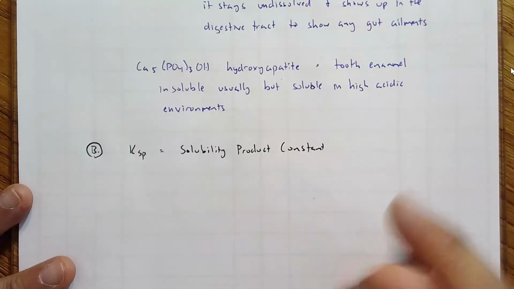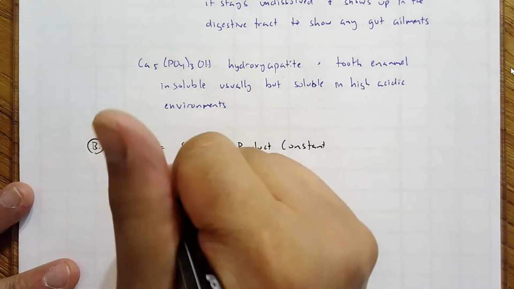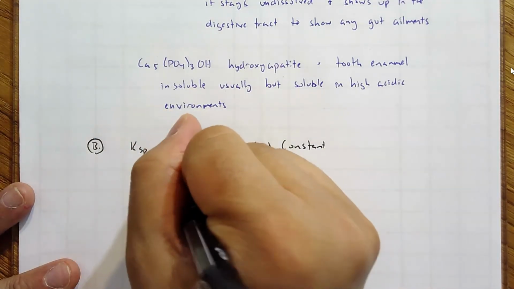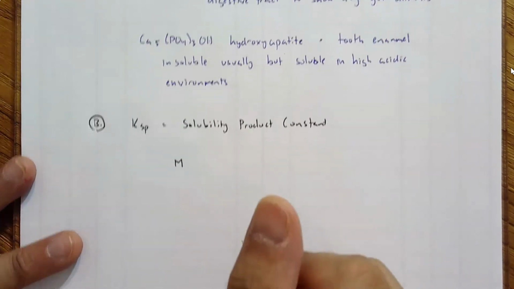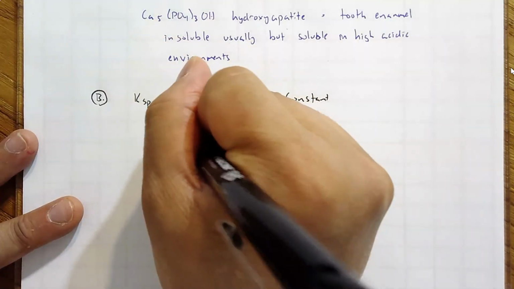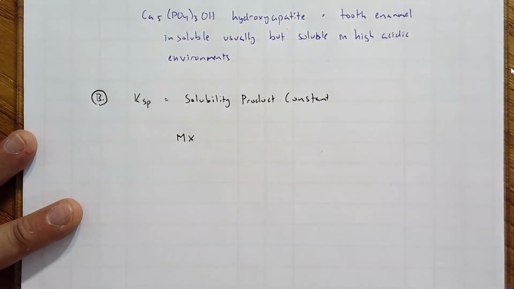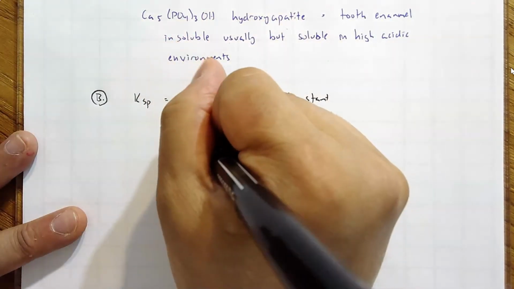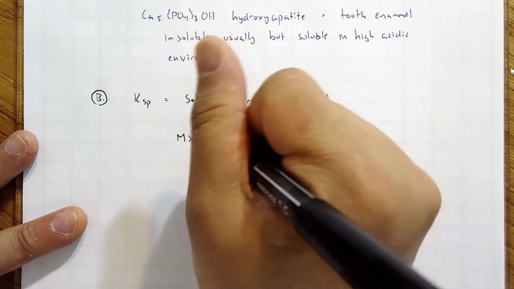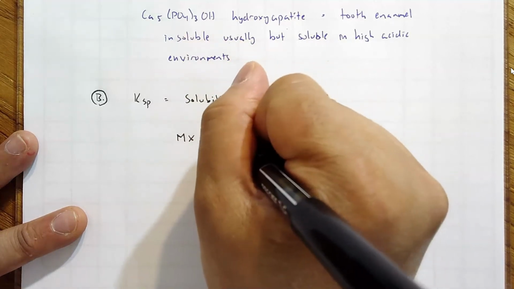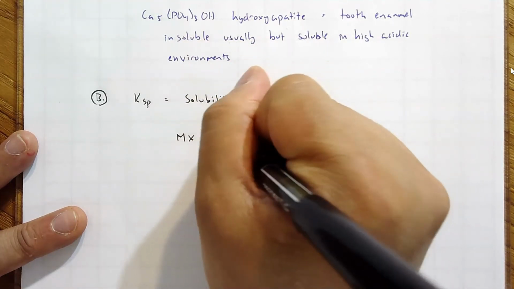If you have a salt, let's just call it MX. M is a metal, X is some anion. It doesn't have to be a halogen, and it's solid. You dissolve it in water, and there's an equilibrium established.